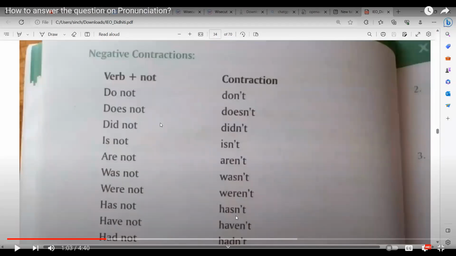He has not come home till now. He has not come home in December. Okay.